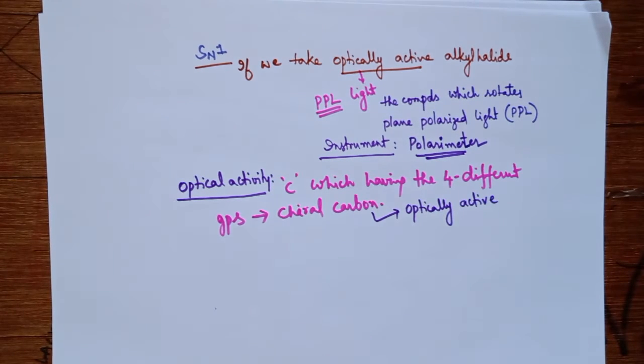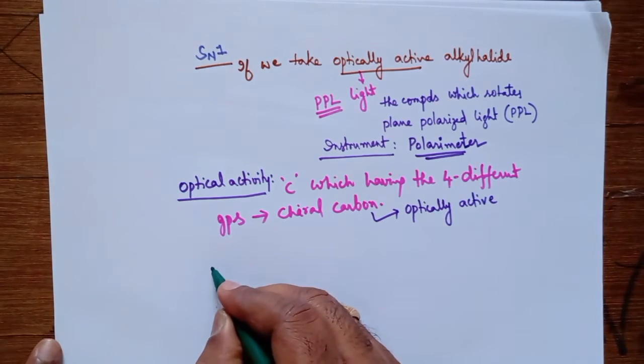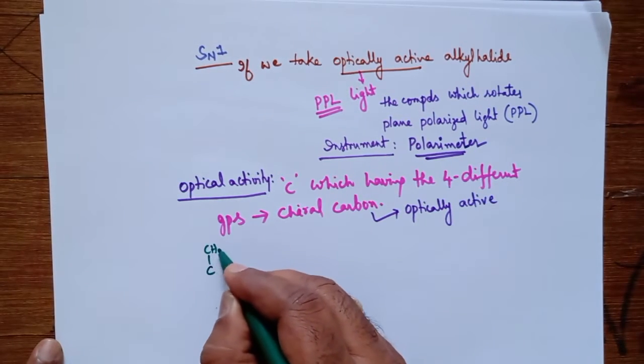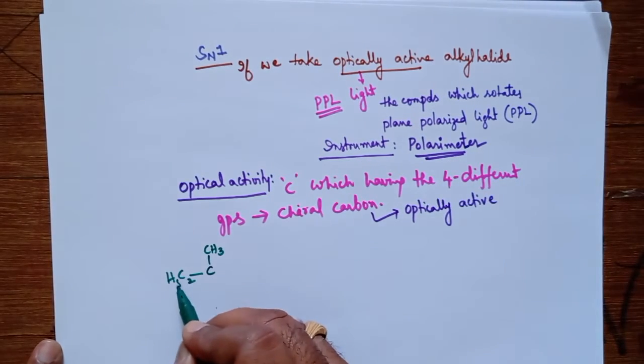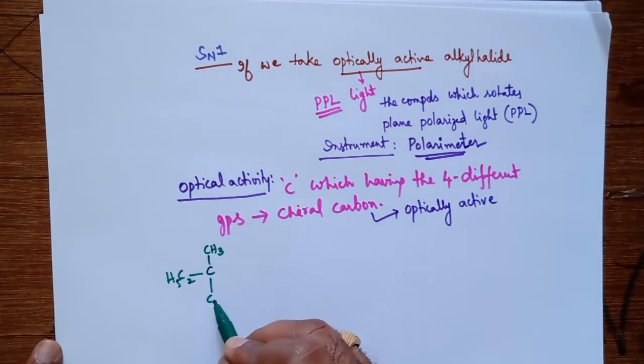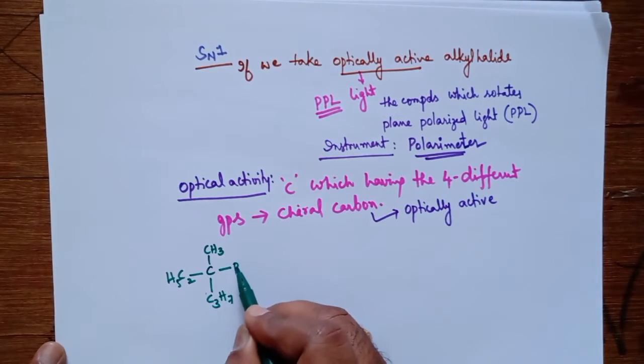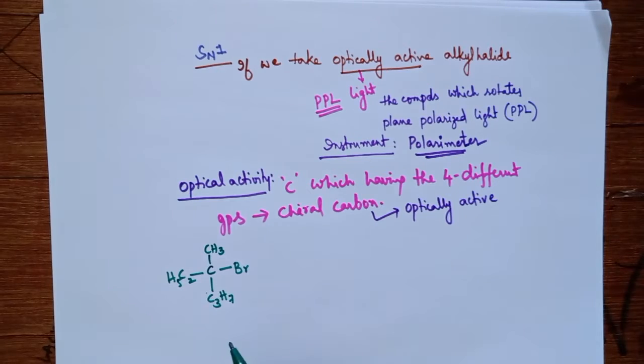So what is the optically active halide? You can write it as one methyl, one ethyl, one propyl, C3H7Br. So this is an optically active alkyl halide.